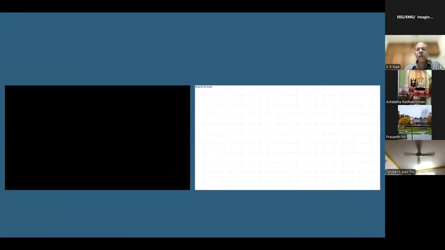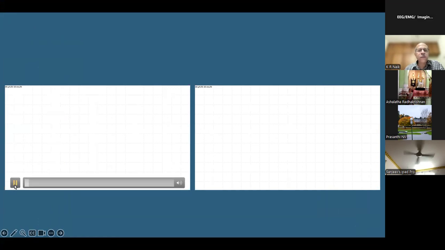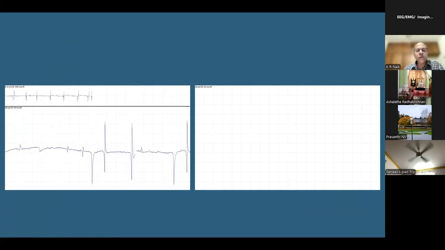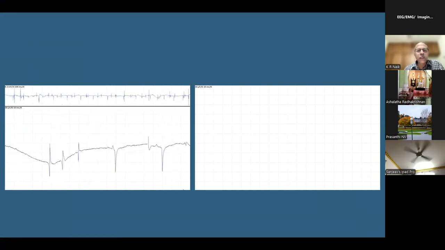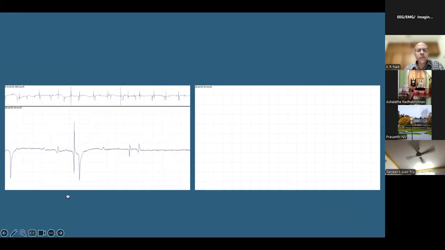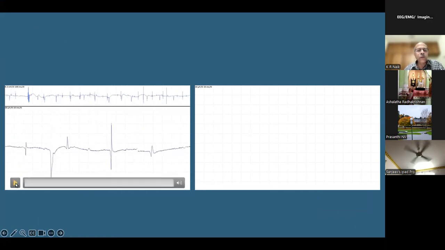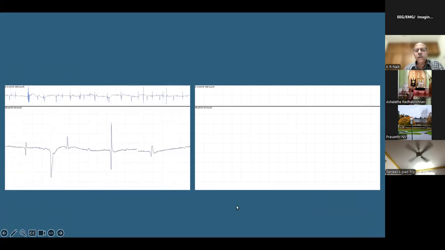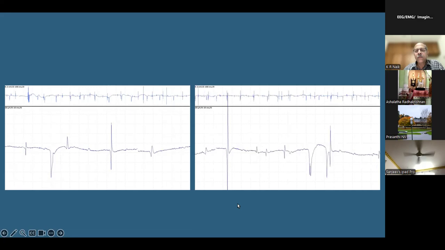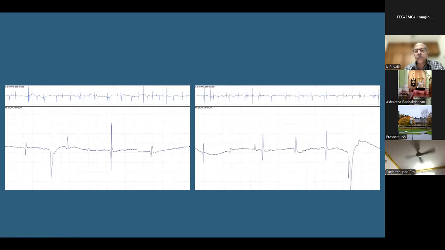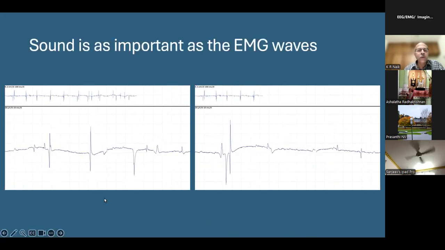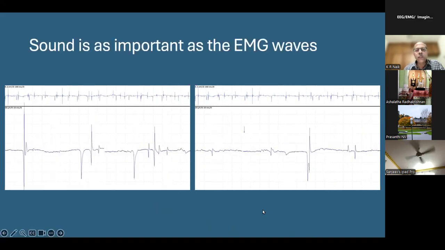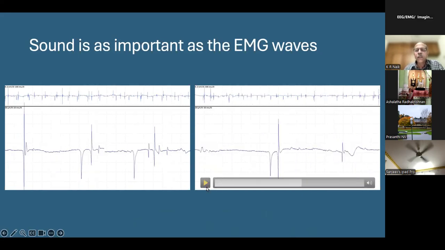Okay. So before going further, we'll go through one video. We are seeing the display, but not the sound. Now the same video: if you do not have the audio signal, it is very difficult to make out what the signal is.